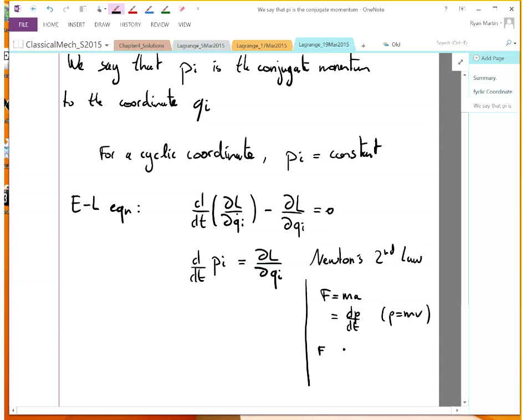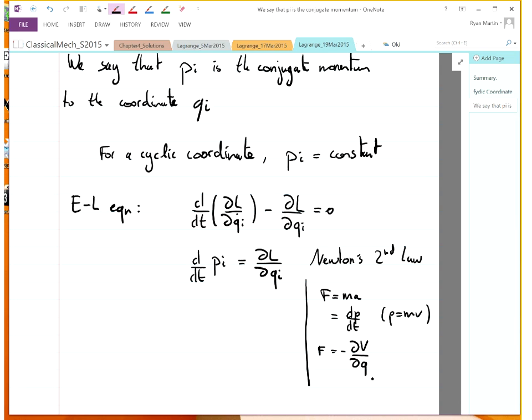And then F is equal to minus ∂V/∂q for a conservative force. Remember, we're only doing conservative forces, so we can ignore annoying things like friction. All forces are conservative, so all forces come from a potential.